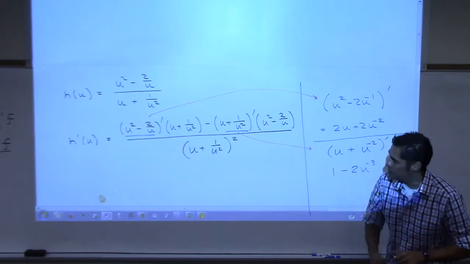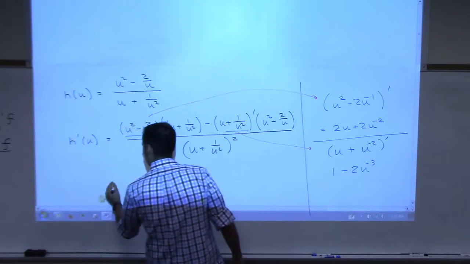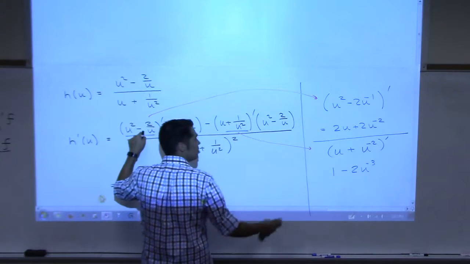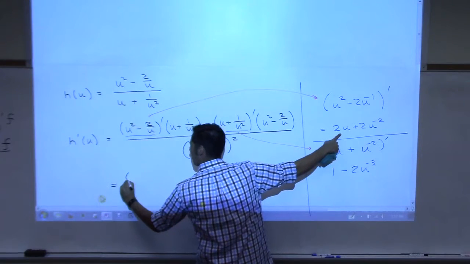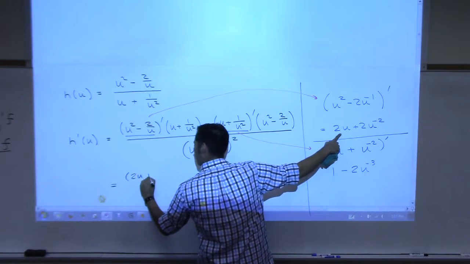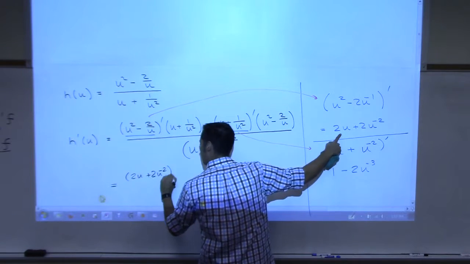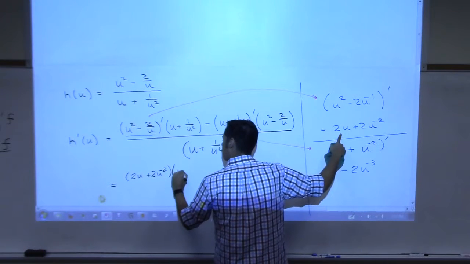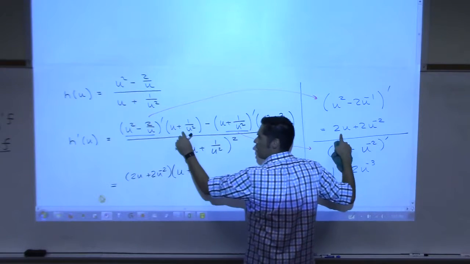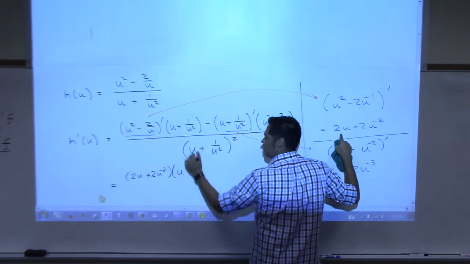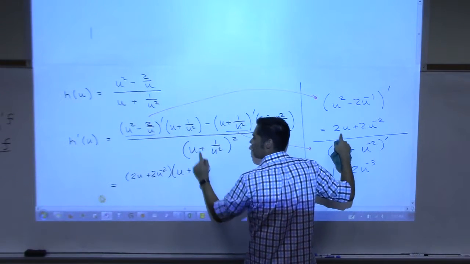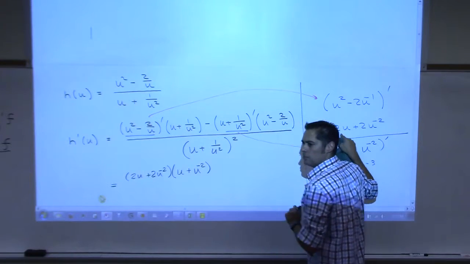My derivative is: top left corner turns into this, in parentheses 2u plus 2u to the negative 2. And then I have u plus, see that one right there? I'm just rewriting it as u to the negative 2 there. Is that all right? Instead of 1 over u squared.